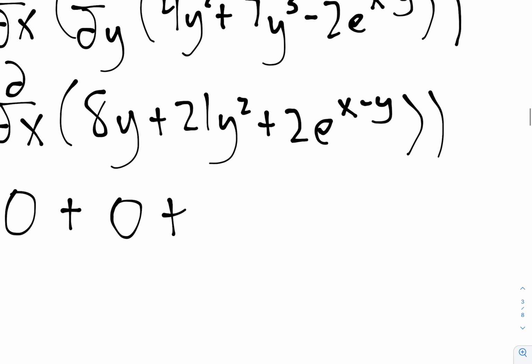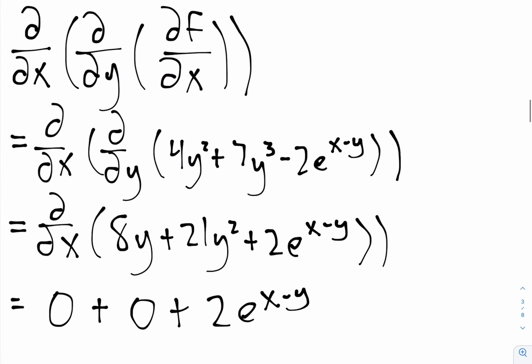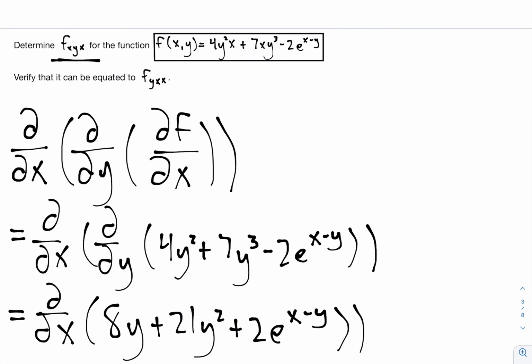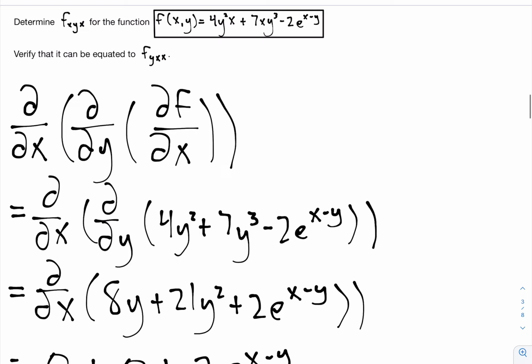Plus, we're differentiating this with respect to x. The x in here is positive, the y is a constant, so by chain rule, it's just going to be 2 times e to the x minus y. Okay, so that's your answer for this part right here, f sub xyx.